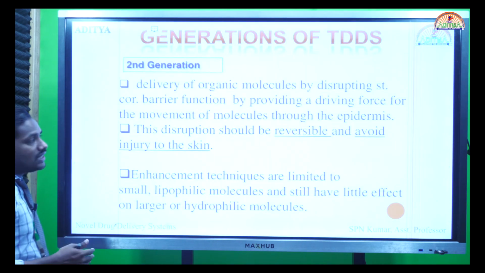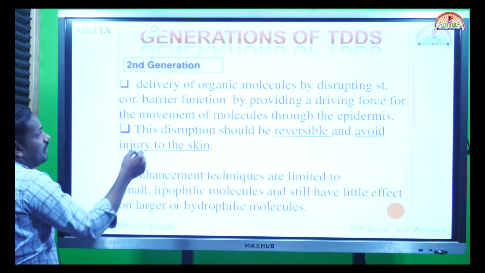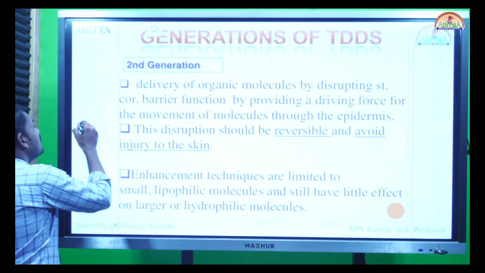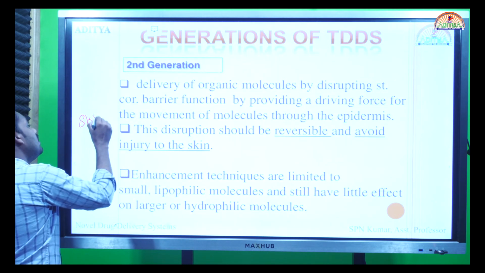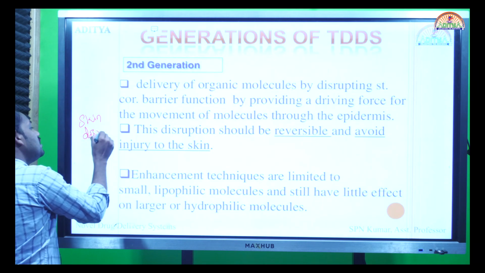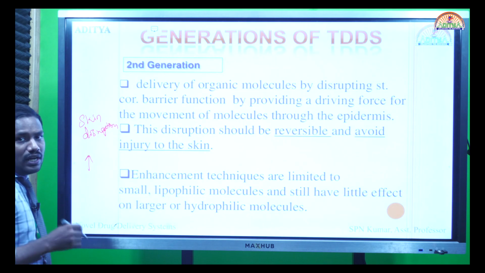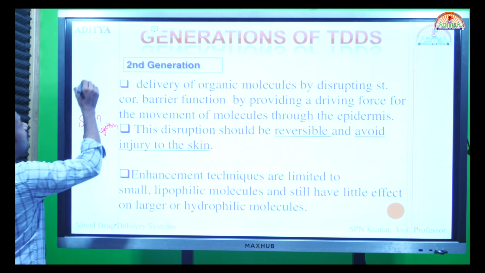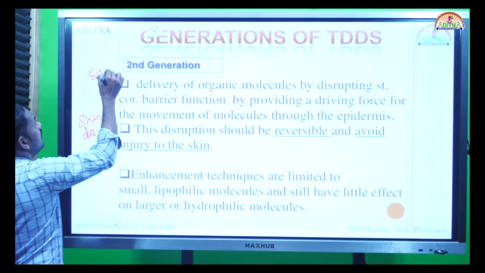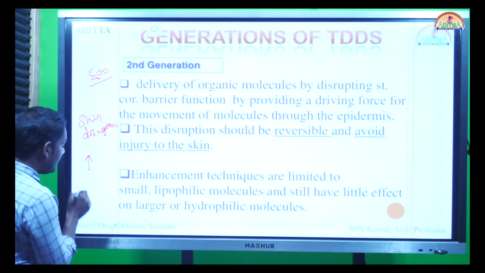The extra advantage of the second and third generations is that they cause skin disruption. By skin disruption, we can facilitate delivery of even higher molecular weight drugs. Earlier we had a point that the molecular weight should be less than 500 daltons. What if your drug is more than 500?